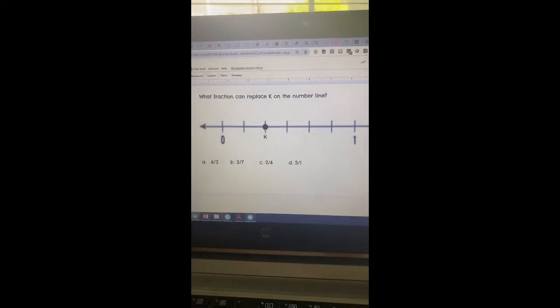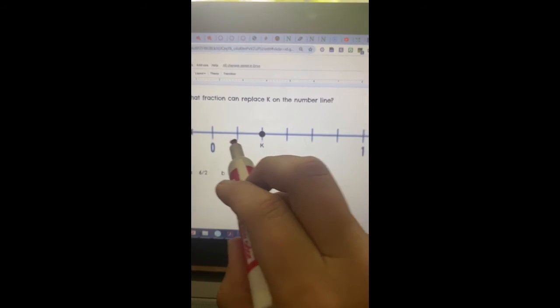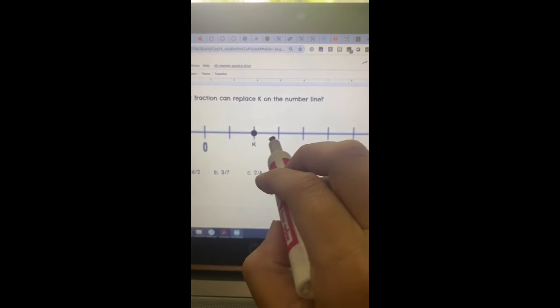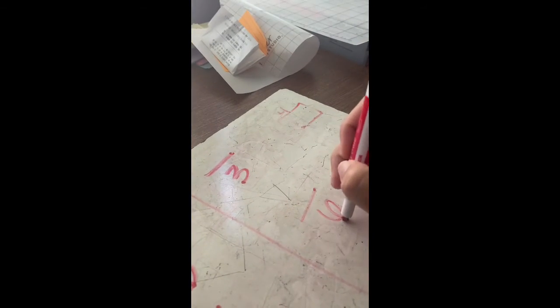What fraction can replace K on the number line? All right, so looking at my wholes, always finding those wholes. So 0 and 1, I'm counting my spaces. 1, 2, 3, 4, 5, 6. There are 6 parts or 6 spaces in my whole right here.